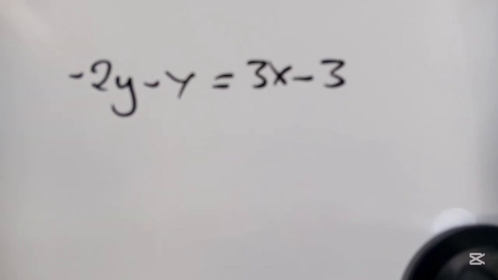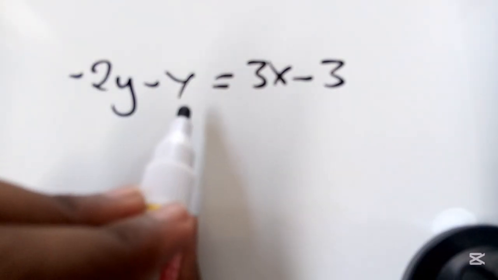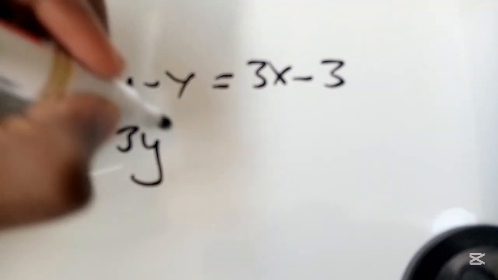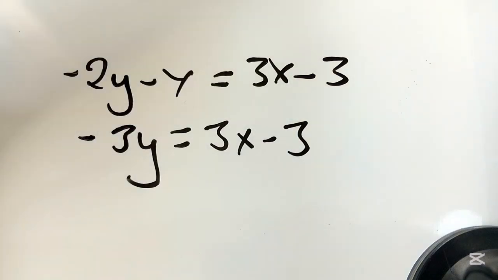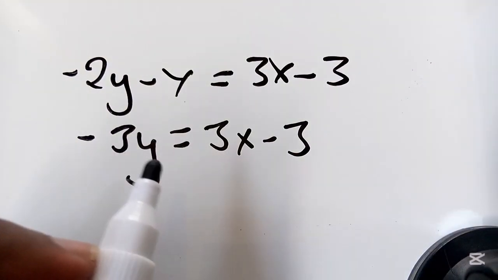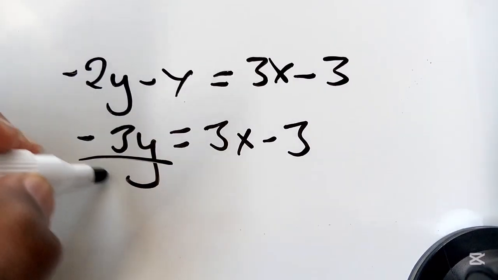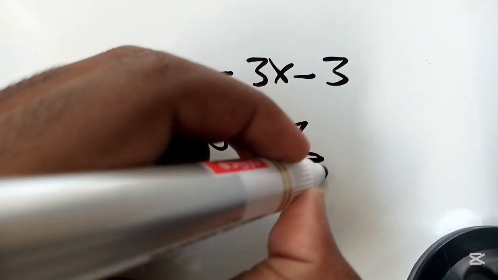After that, negative 2y minus y is what? Negative 3y is equal to 3x minus 3. Now, we can leave it like this, or we make y the subject. So we're going to divide by negative 3, by negative 3, and by negative 3.